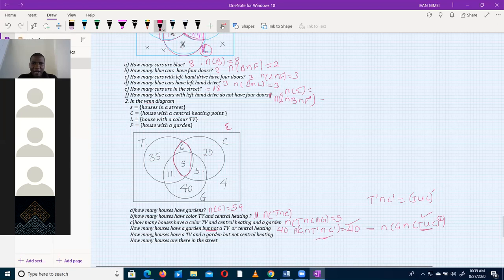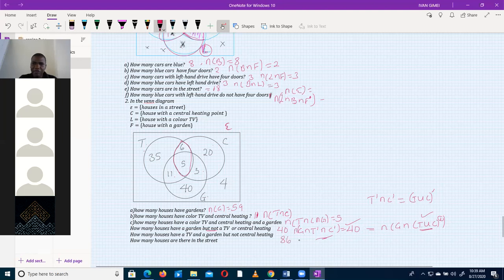So the other one is how many houses have TV and garden but not central heating point? Somebody said 86.